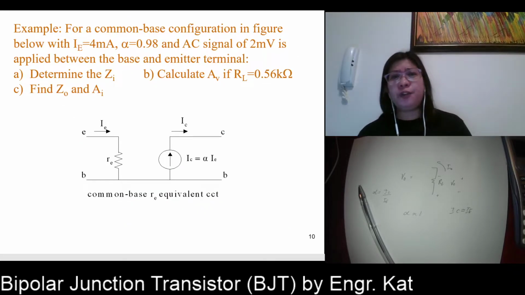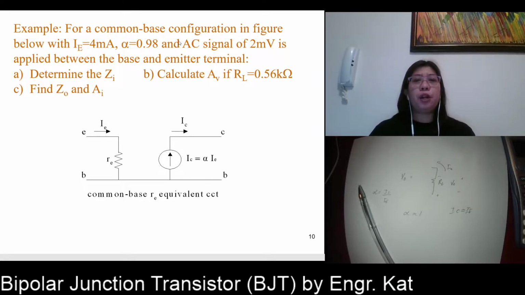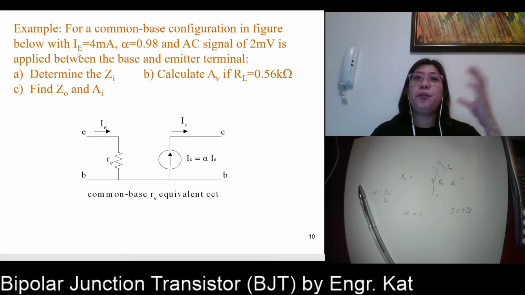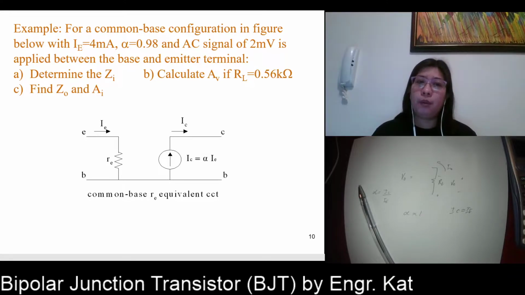So we have here a very simple example. For a common base configuration in the figure below, with IE, take note that it is a capital letter, because this came from the DC analysis. We have already solved this problem and found that its DC current is equal to 4 milliamperes. Our alpha is 0.98.